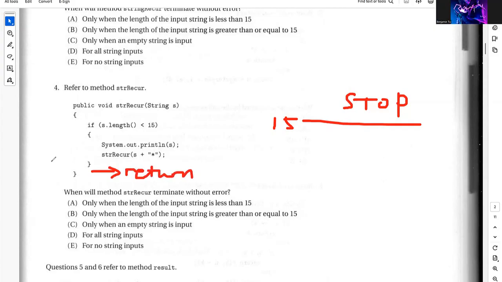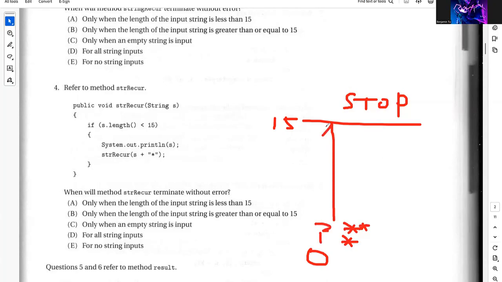So then you start from 0. Let's assume that you got a string of no characters. What happened? It becomes recursion s plus star, so the length becomes 1, and then 2, and then 3, and then 4, and just keeps going until 15.